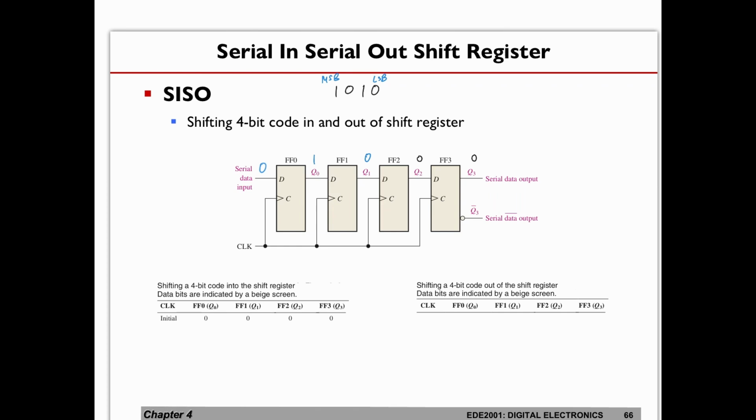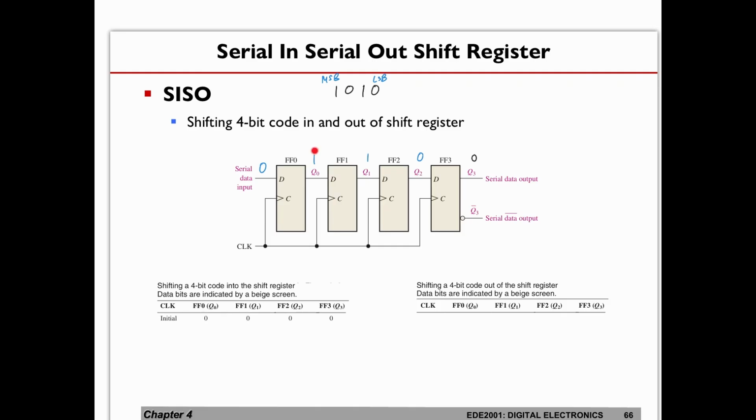Then at the next clock cycle, we're going to go to flip-flop 2 first, then flip-flop 1, then flip-flop 0. Okay, so at the input of flip-flop 2, the input is 0. So at the next positive clock cycle, the output will become a 0. Then for flip-flop 1, the input is a 1, so the output will become a 1.